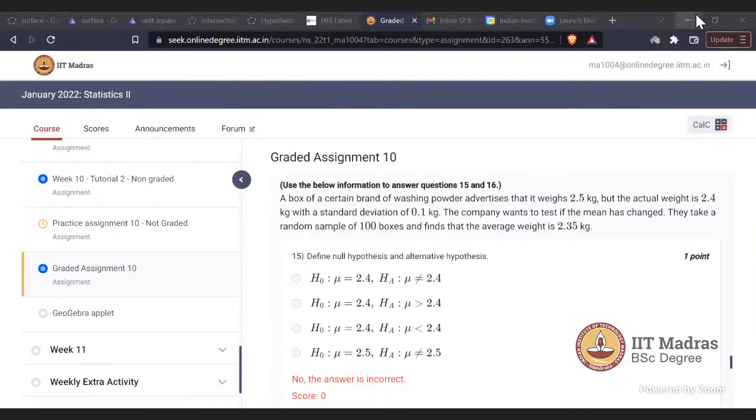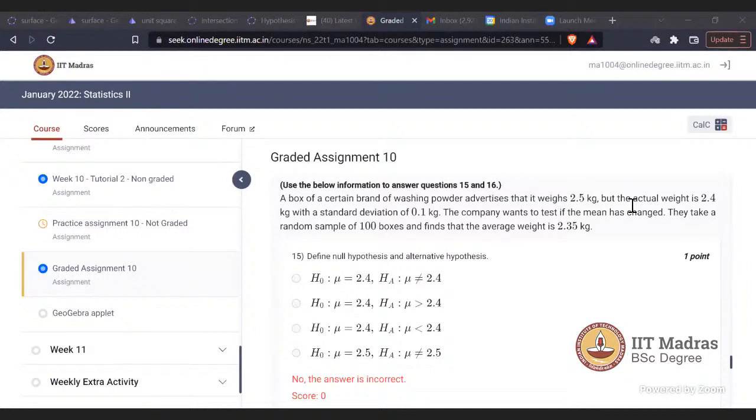Like we know that the actual weight is 2.4, and now we want to test whether the mean has changed, right? So the company is testing whether mu equals 2.4 or not, because what the company is advertising is 2.5 kg. So null is given to be 2.4 and alternative to be not equal to 2.4. Okay, ma'am. Yeah, so there was a small confusion which I had.